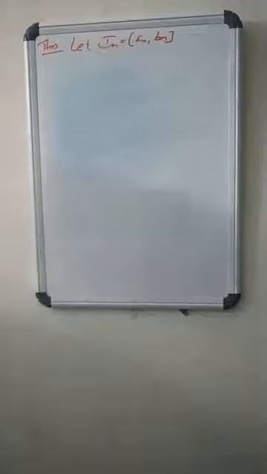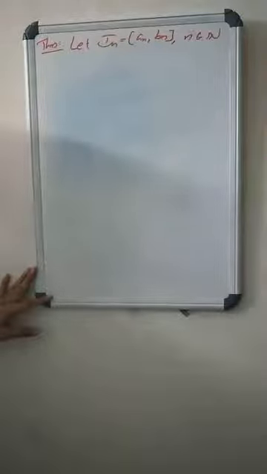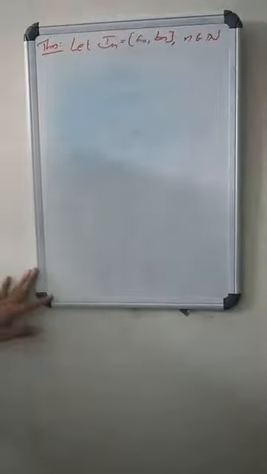So what about the length of I_n? The length of I_n is b_n minus a_n, where I_n, n in N, is a nested sequence of closed and bounded intervals.